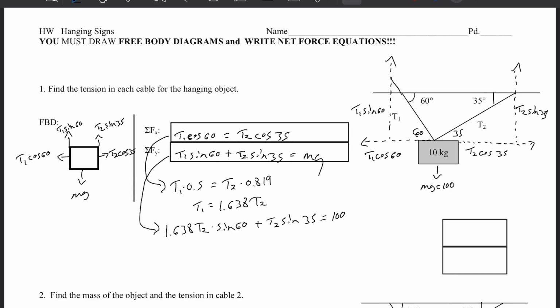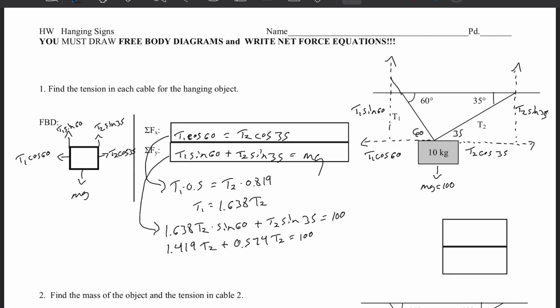Let's go ahead and evaluate those sines of 60 and sines of 35. So 1.638 times the sine of 60, we get 1.419 T2, plus sine of 35, 0.574 T2. Now we have like terms, and we can add them, equal to 100.